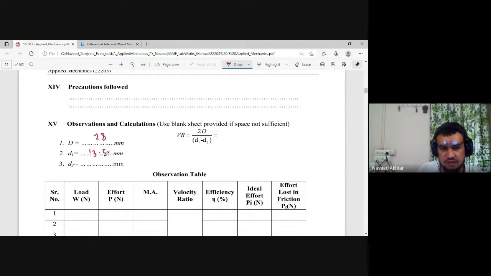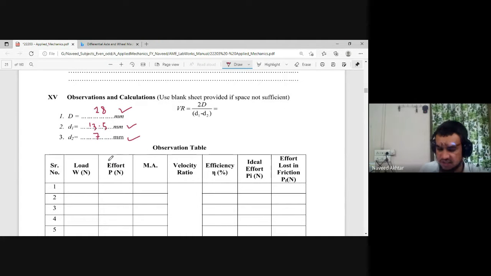Capital D is the diameter of the wheel, and D2 is the diameter of the small axle. So it's the larger axle D1 and the small axle D2, and the diameter of the wheel is 28. Now you have to fill this observation table.